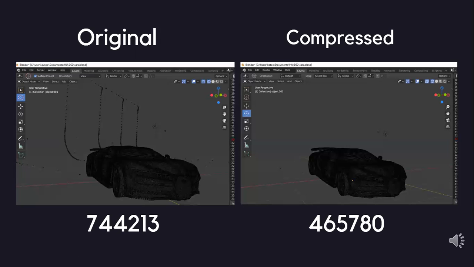So as you can see, in the compressed picture, there are almost about half of the number of vertices in the original one. However, even though the number of vertices is almost half, the renders look indistinguishable.